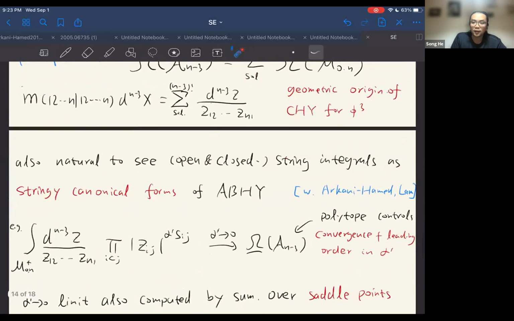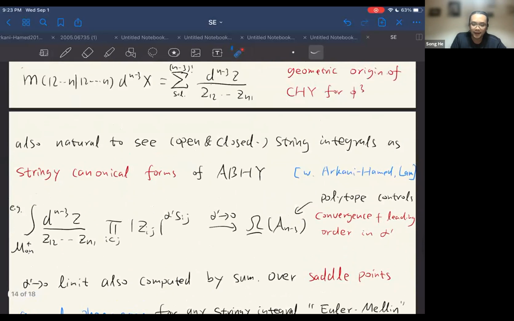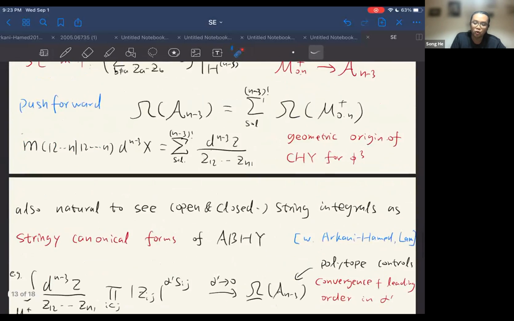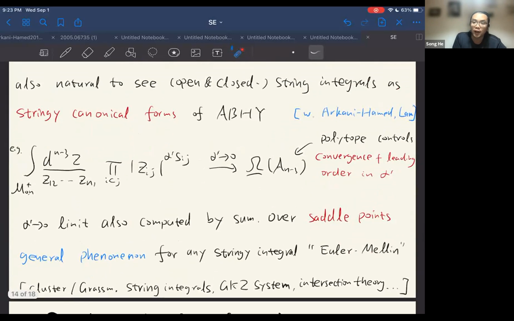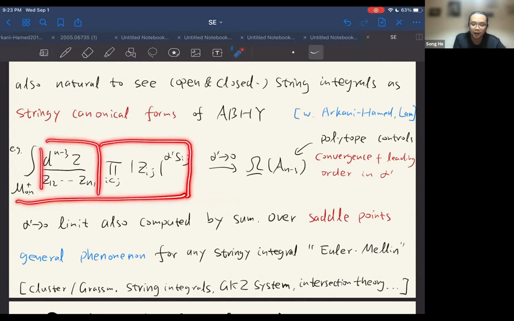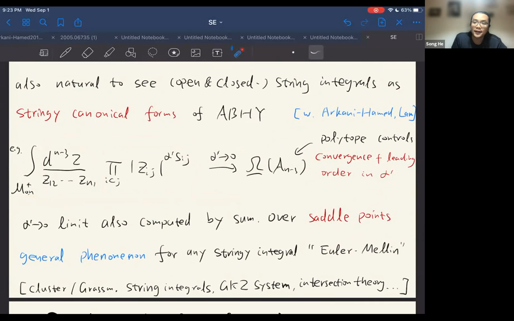Okay, so this is how you connect the scattering equation to positive geometry, and they are also naturally related to string theory. So basically, if you write down the simplest open string disk integral, where you have your Parke-Taylor form and this Koba-Nielsen factor, there are two ways you can see the appearance of phi cube theory or the associahedron.